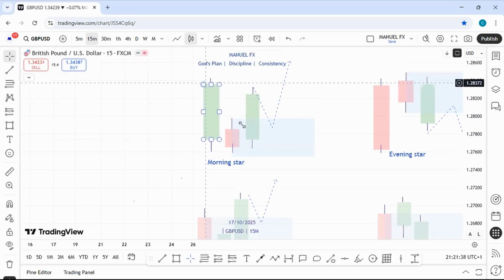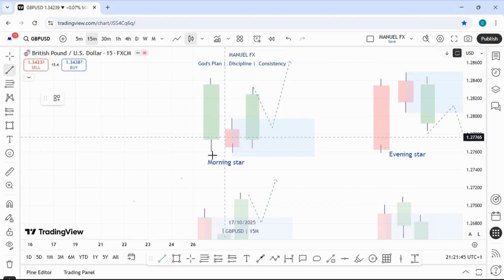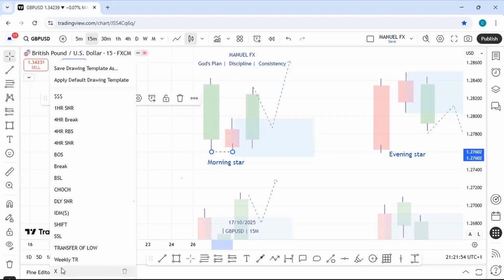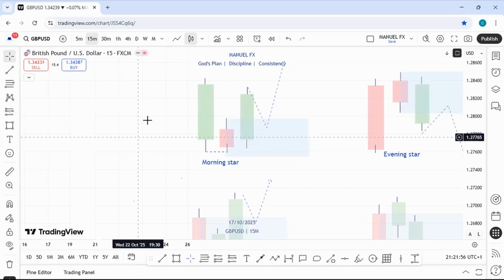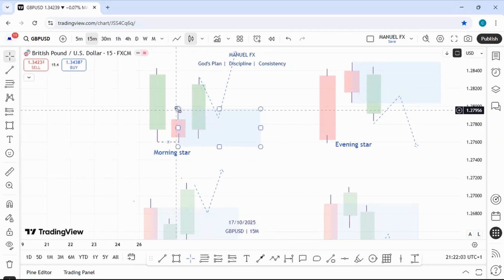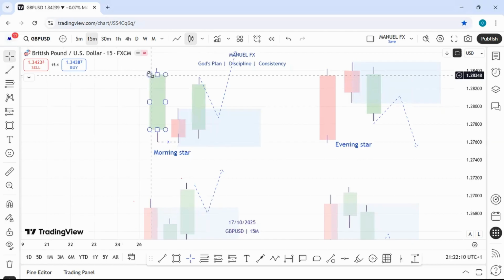Once I see this candle formation, this is called a morning star. Automatically, the wick of the second candle has to sweep the wick of the first candle, and then the third candle closes above the second candle, but it will not close above the first one.